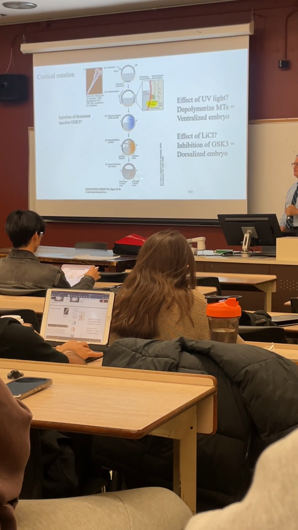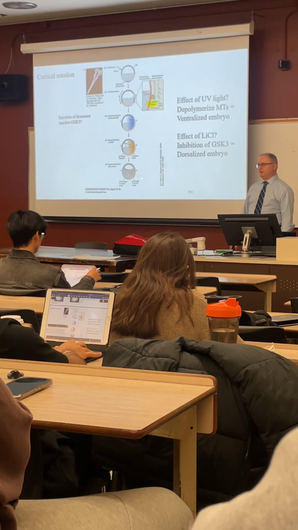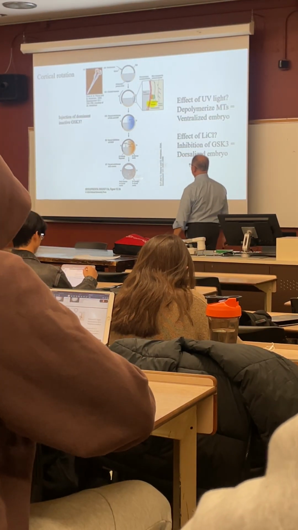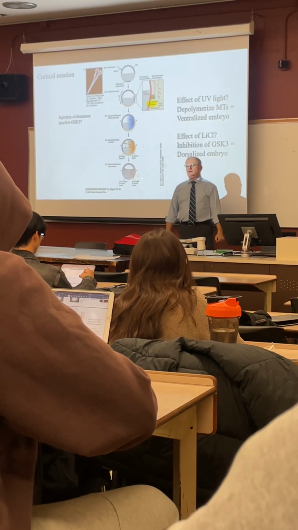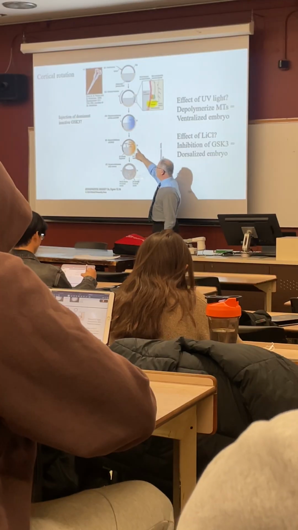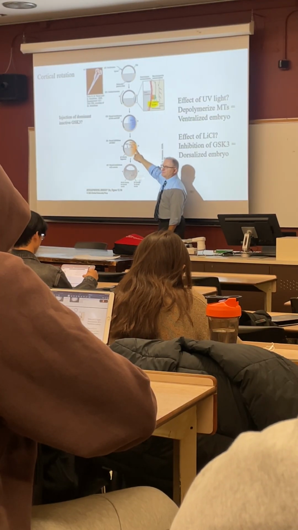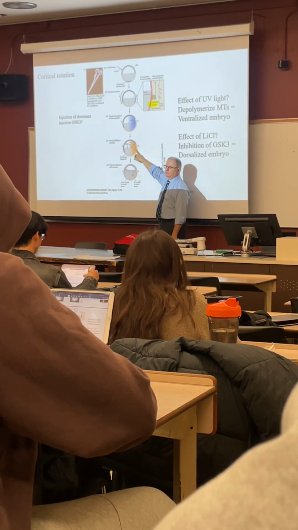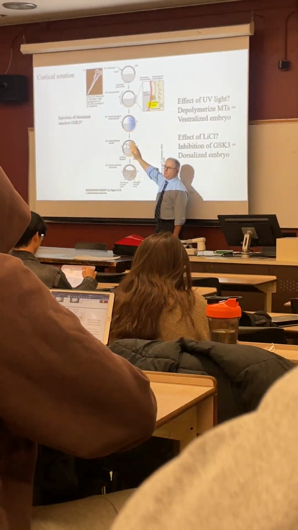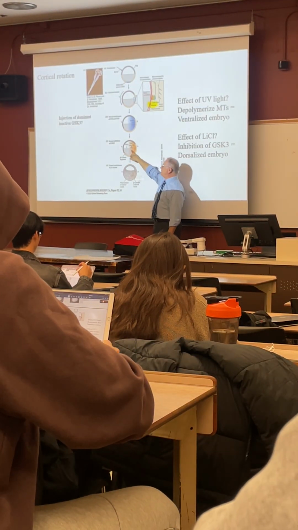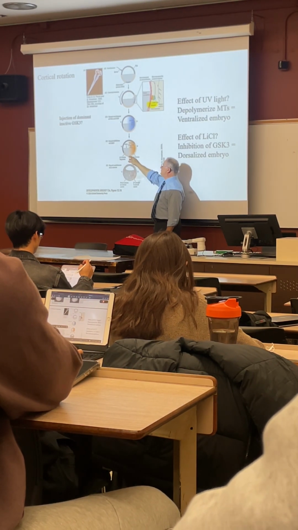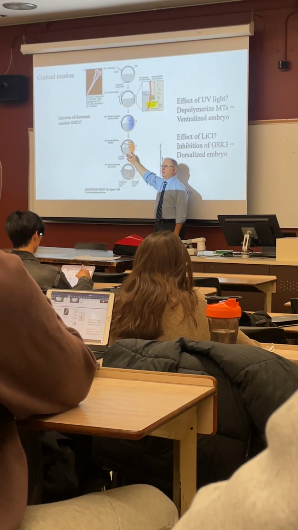So if you have GSK3, it will degrade beta-catenin and you will have no beta-catenin. So because of disheveled now, on one side of the embryo, you have disheveled. There is no disheveled on the other side of the embryo. So opposite the sperm entry point, you have disheveled. Disheveled inhibits GSK3. GSK3 now cannot degrade beta-catenin.